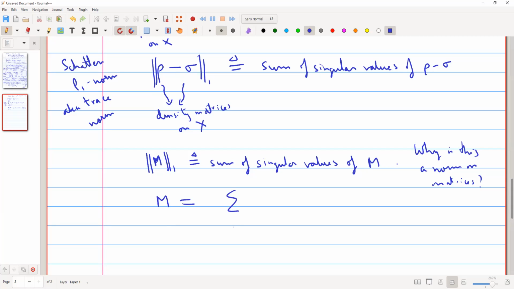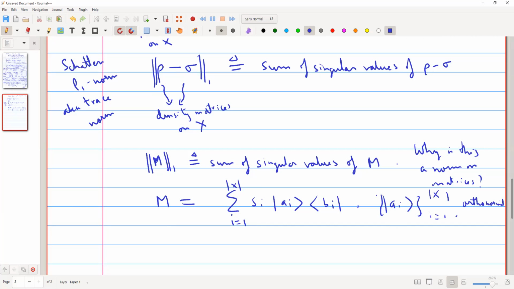Let me write it down: the sum over i of s_i, and then, in our ket-bra notation, it will look like this, where the dimension is some mod X. Some singular values are allowed to be 0. So this set a_i is an orthonormal set.